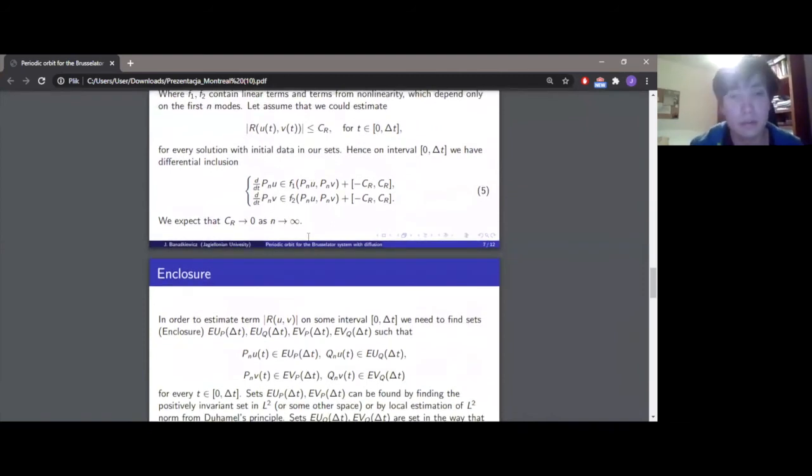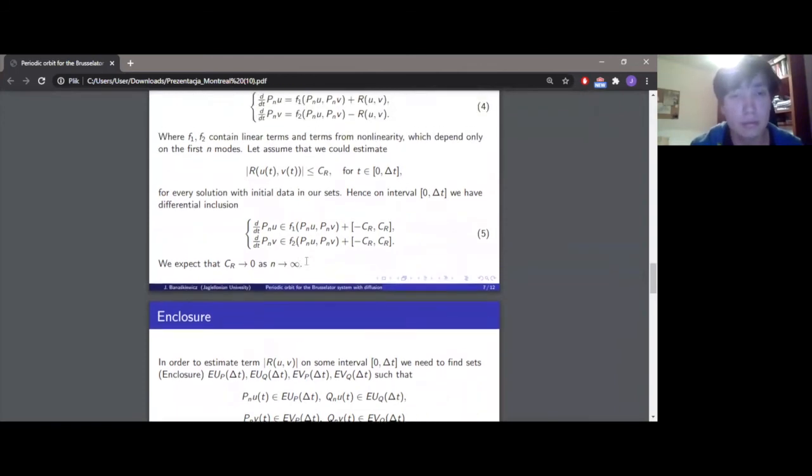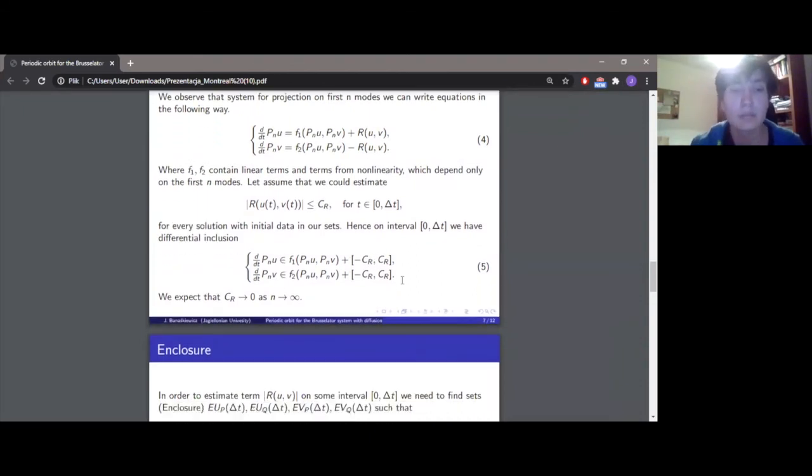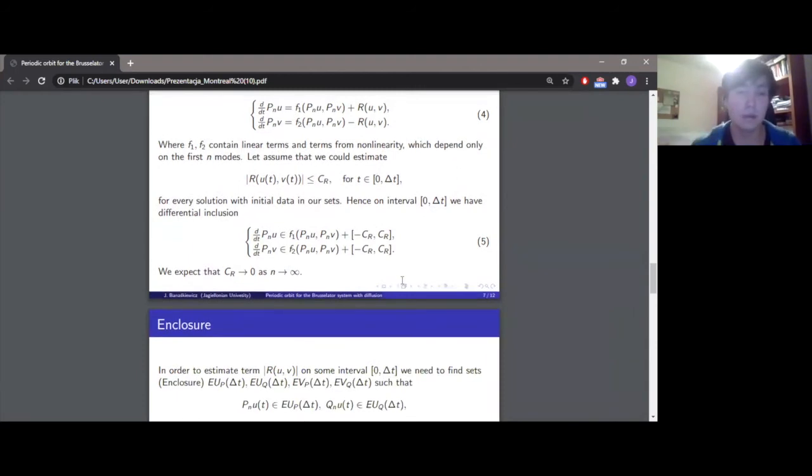We have this function f1 and f2, which were before, but here instead of this remainder we put bounds on this term, and we expect that these bounds will go to 0 as we increase our finite dimensional block.